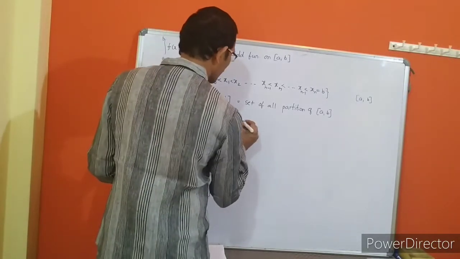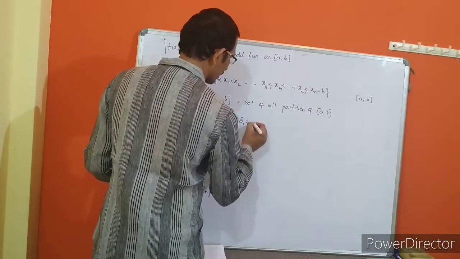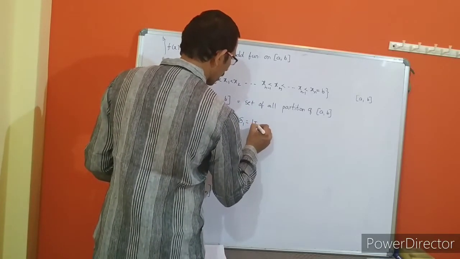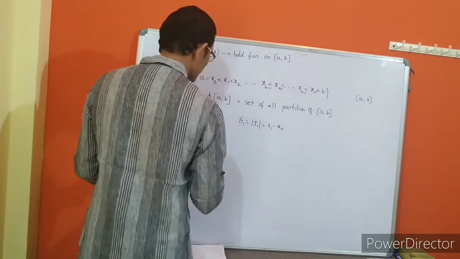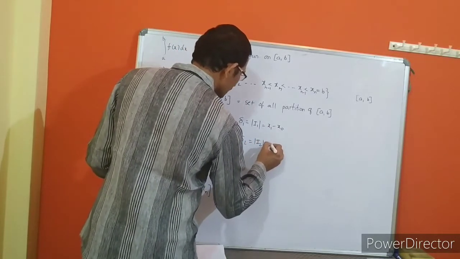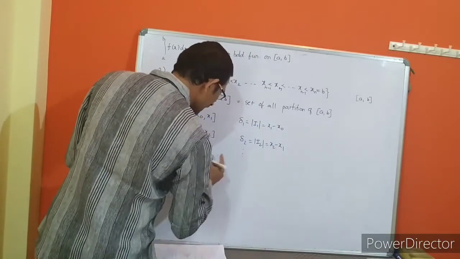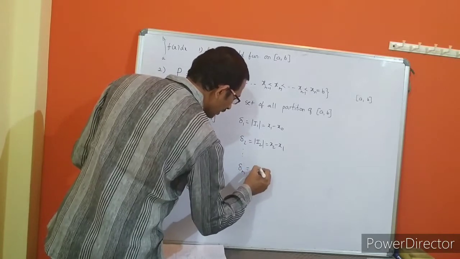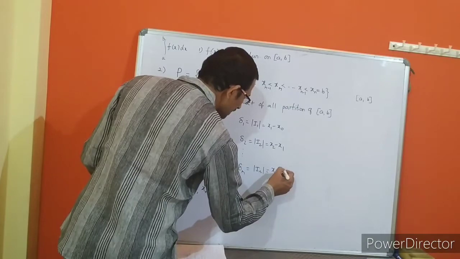And we also defined delta 1. What is delta 1? Length of I1, denoted by mod I1, and its value is x1 minus x0. Similarly, delta 2 is equal to mod I2, its value is x2 minus x1. And in general, for any interval Ir, its length is denoted by delta r, and mod Ir is nothing but xr minus x(r-1).